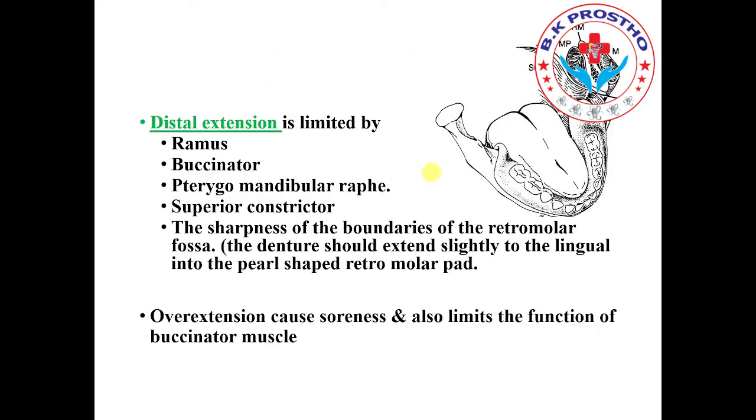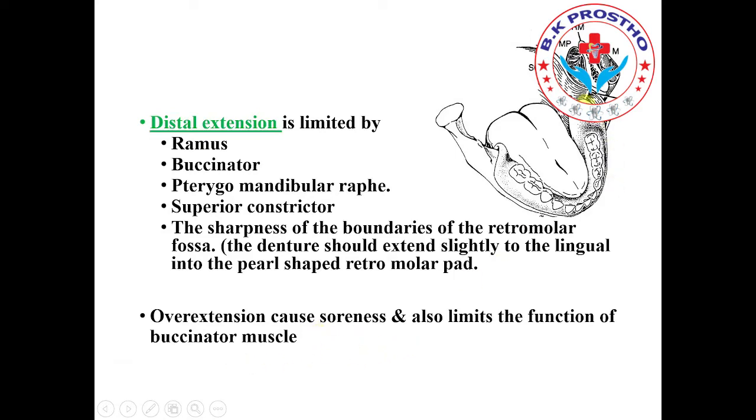Distal extension of the mandibular denture is limited posteriorly by the ramus, buccinator muscle, pterygomandibular raphe, superior constrictor muscle of the pharynx, and the sharpness of the boundaries of the retromolar fossa. The denture should extend slightly lingually into the pear-shaped retromolar pad. Poor extension causes soreness and also limits the function of the buccinator muscle.